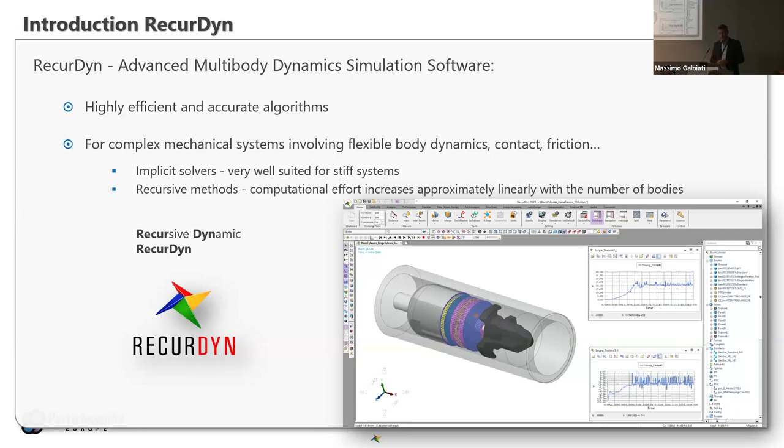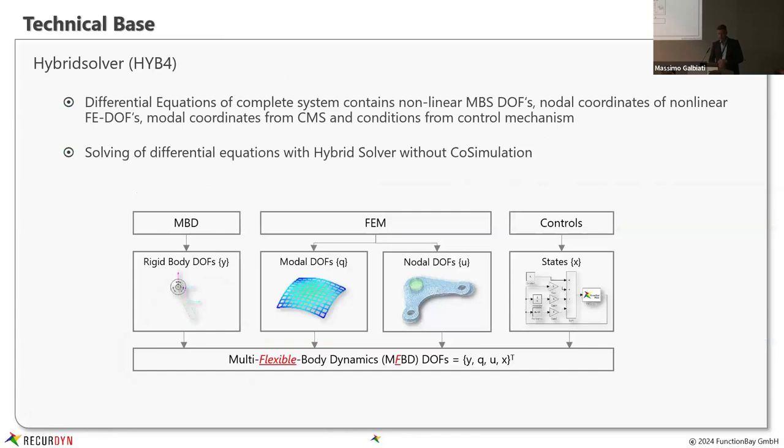The solver in the background can deal with very different kinds of degrees of freedom. First of all, multi-body systems, where we have 6 degrees of freedom for each part, and all these degrees of freedom we can fix by constraints, either one or all, depending on the behavior.